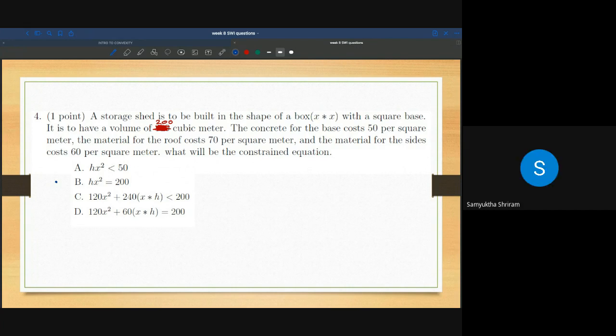Sir, is it a cube-like box or a cuboidal box? It would be a cuboidal box. You can consider the height to be equal to h.